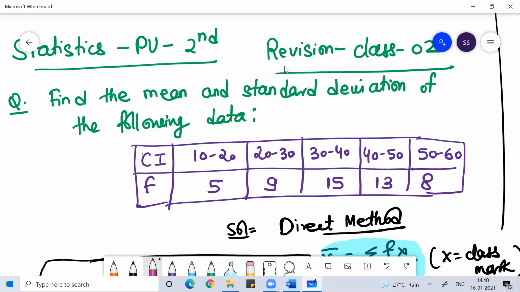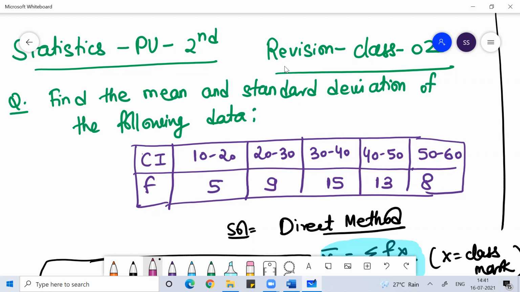Otherwise, we need to make sure that the class interval is continuous in nature. Here you can see the class intervals are 10 to 20, 20 to 30, 30 to 40. So all are continuous in nature. The other name for a continuous class interval is exclusive class interval. Here your class intervals are exclusive, so you don't have to do any adjustments.